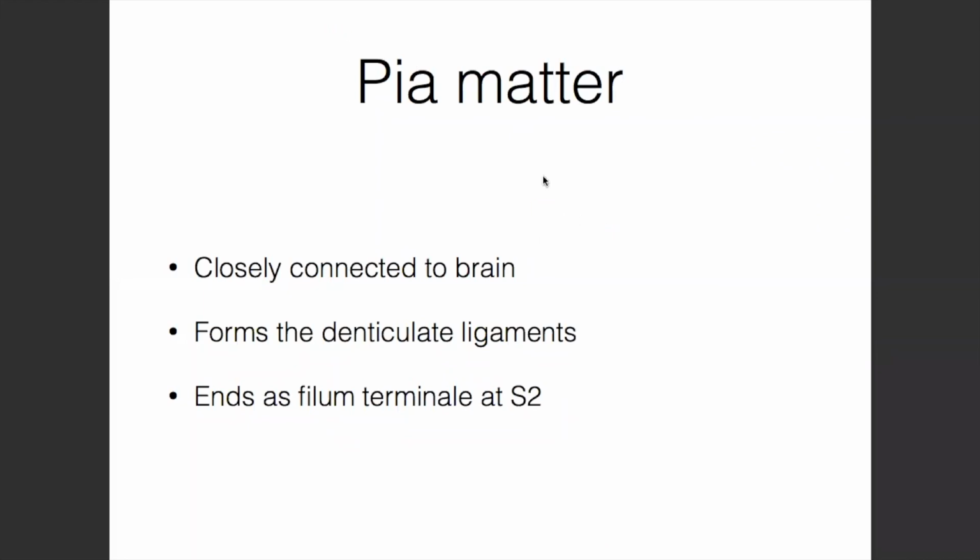So the three things about the pia matter: it's closely connected to the brain, it forms the denticulate ligaments in the spinal cord, which is not that important, and it ends at the filum terminale. So S2. So all three meninges end at the level of S2 at the filum terminale.